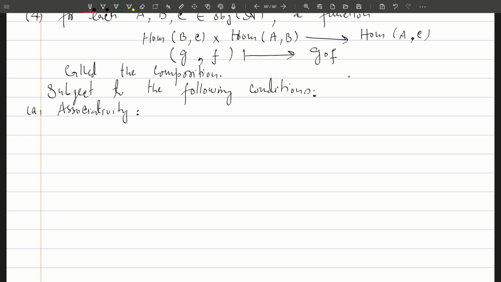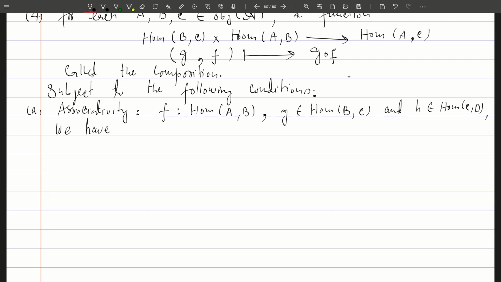It says that if we have a morphism F from A to B, and a morphism from B to C, let us call that G, and a morphism H from C to D, then if we take the morphism H and compose it with G and then compose this morphism with F, it is the same as if we first compose morphism G with F and then compose this morphism with H.